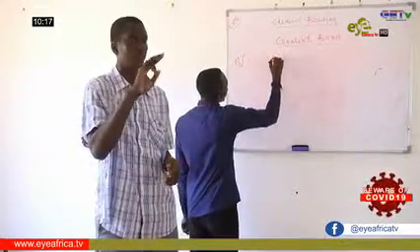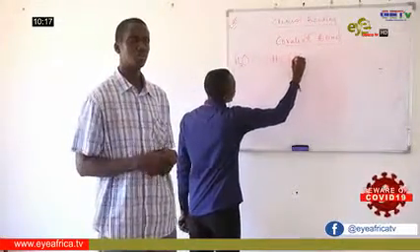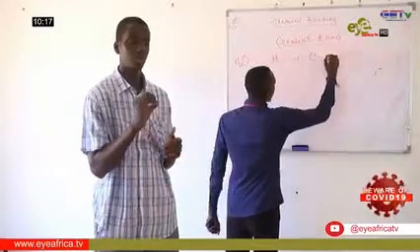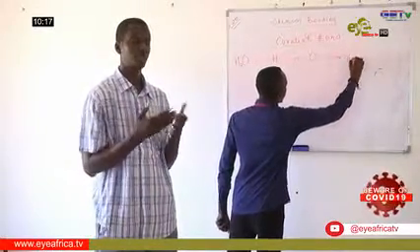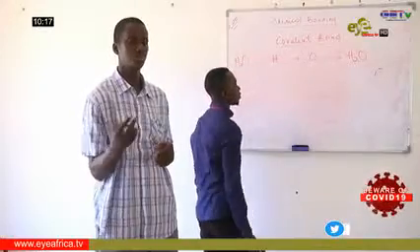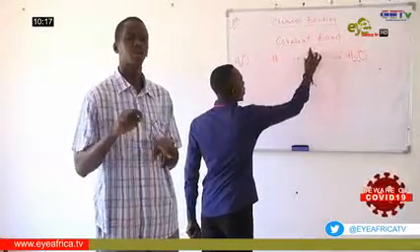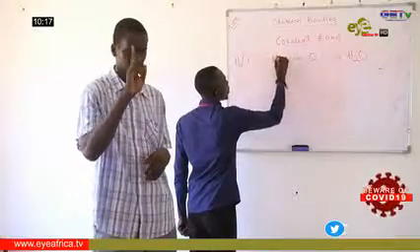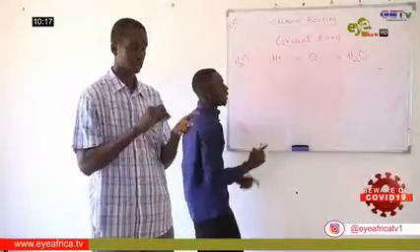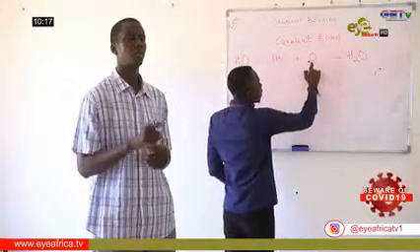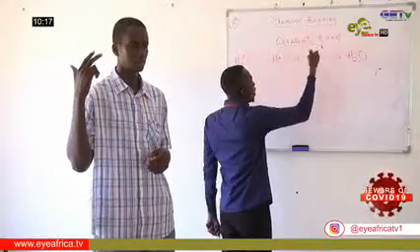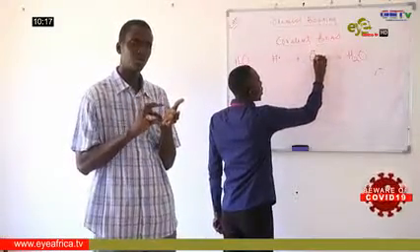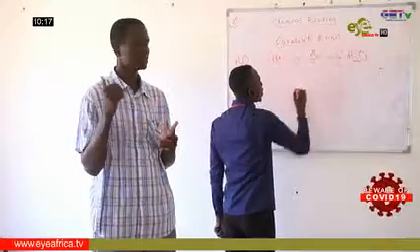Now, I can say we have here H plus the oxygen, and in this case, this will give us H2O. Now, the valency of hydrogen is 1. We just show it by using a single dot. The valence electrons of oxygen is 6. We have 1, 2, 3, 4, 5, 6.